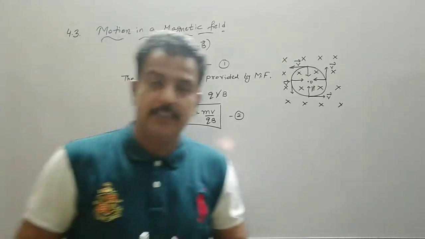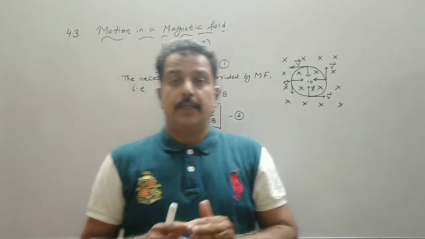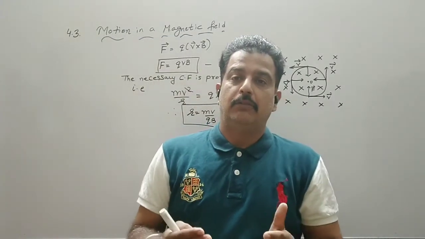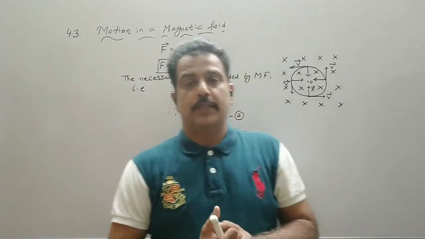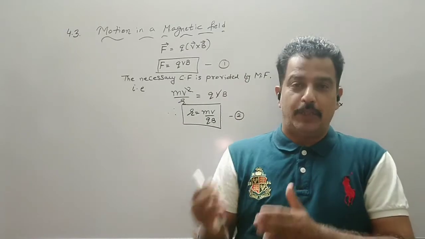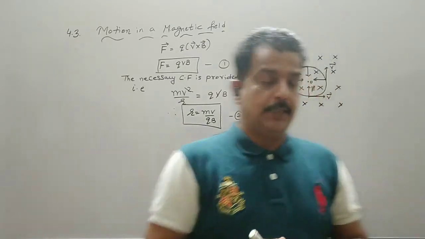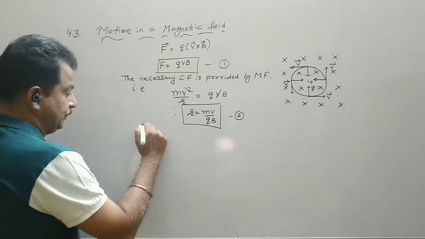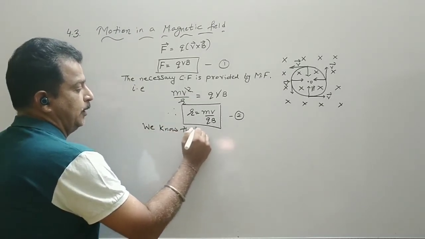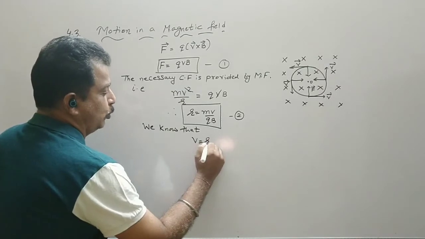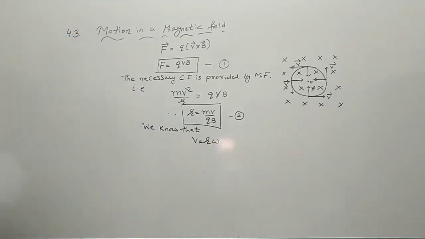Now, since the body is performing a circular motion, let us derive the formula for omega, that is the angular frequency, or you can say angular velocity, periodic time, and the frequency. We know that V is equal to R omega.